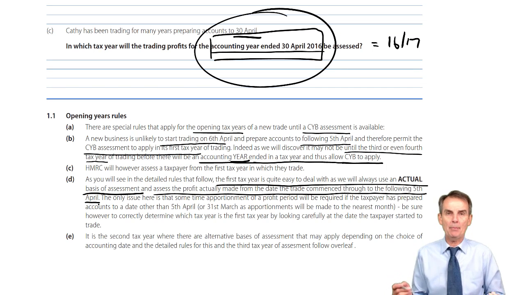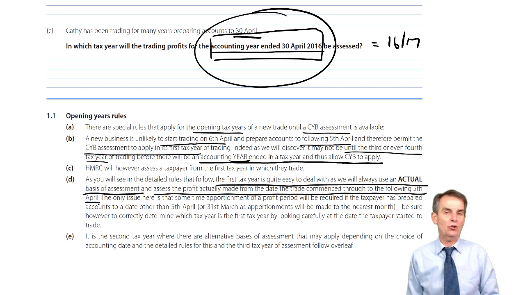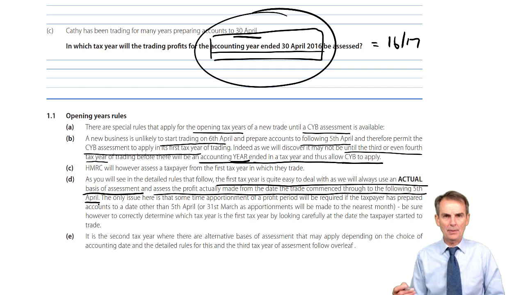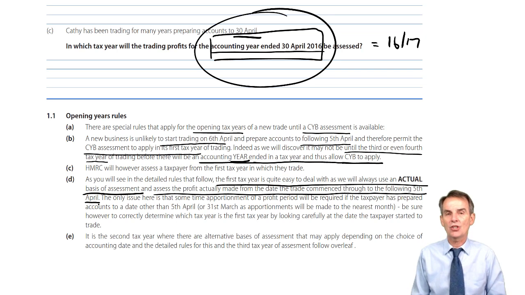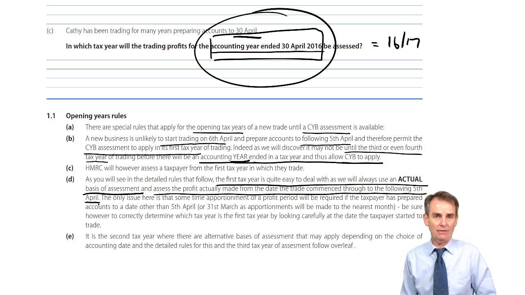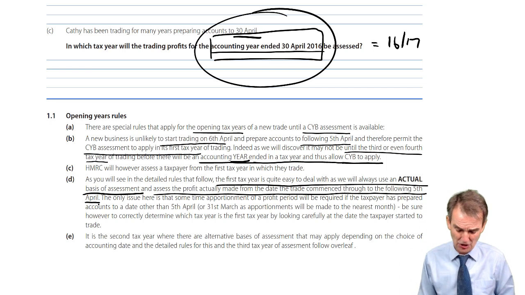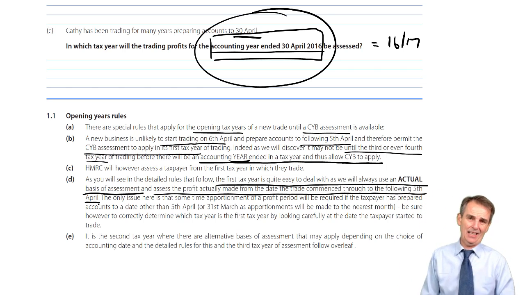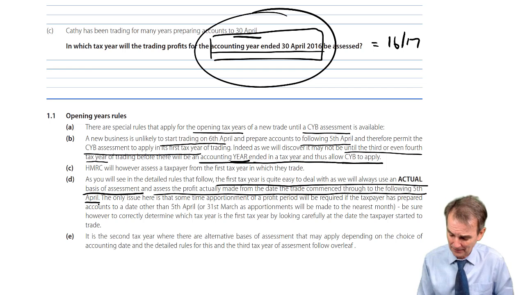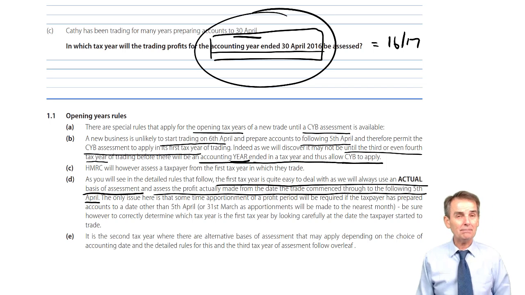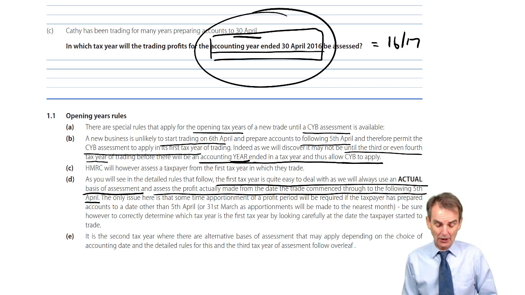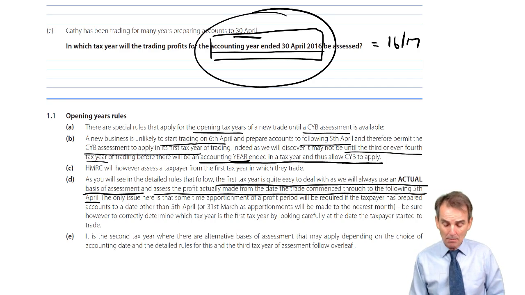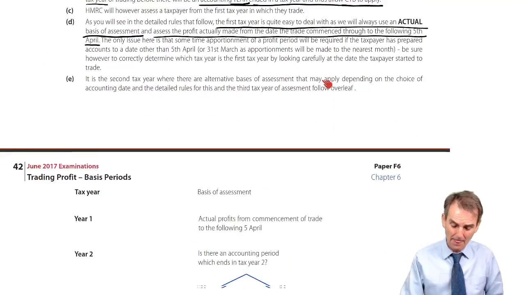Now, it may well happen, and a choice of accounting date question would involve that, and we'll see it in our exercises soon. But again, it's unlikely that we're going to have CYB available in the first year. We may not even have it available in the second tax year. So it's that second tax year where things start to get, shall we say, more interesting, because again there's going to be choice.